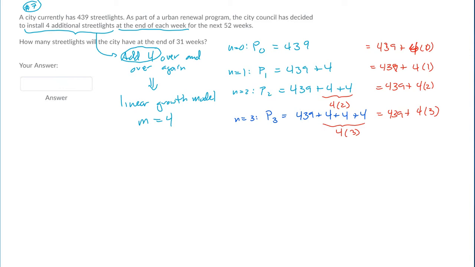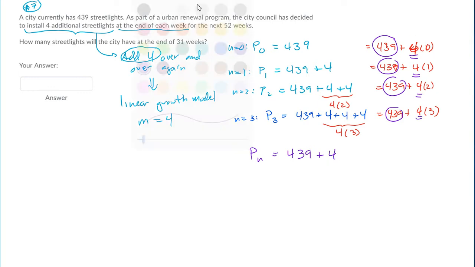So what's the pattern? The pattern is the population at time n is what? The initial amount is not changing, so that goes into my equation. Is the 4 changing? No, so that goes into my equation. What's changing, if you think about it, is the number of copies of the 4 being added together.